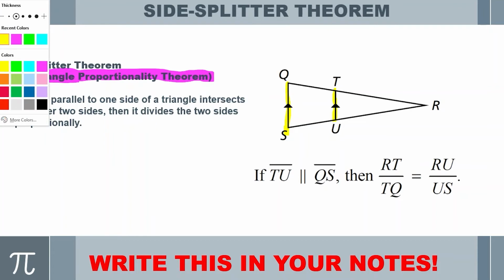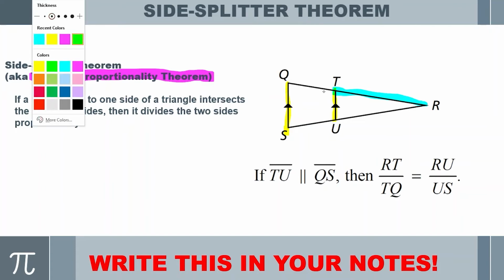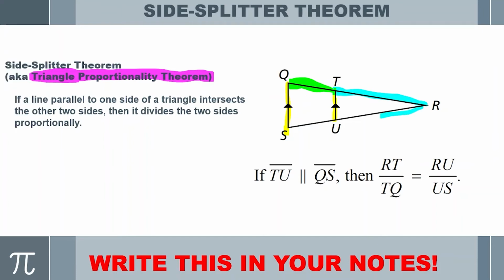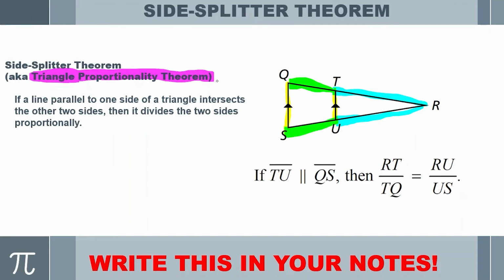Okay, let me just give some colors here to demonstrate. We've got this whole piece, and we've got a short piece. On the opposite side, we've got a whole piece, and we've got a short piece.